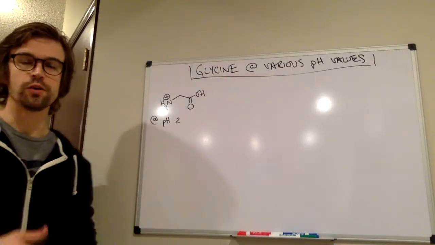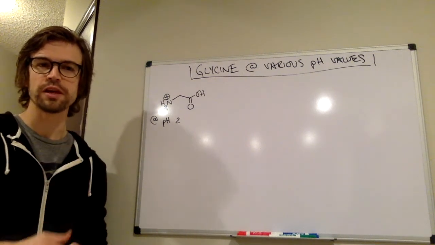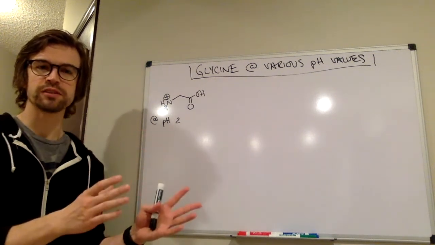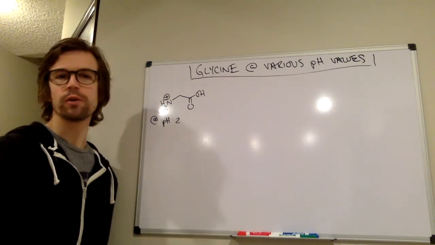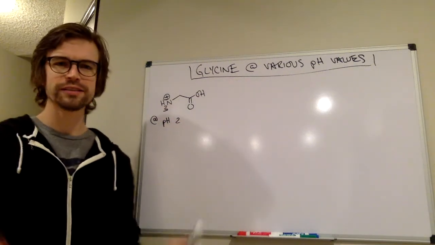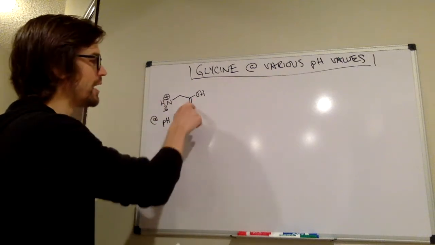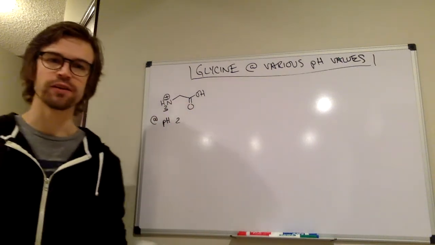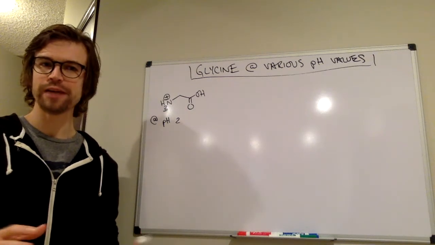All right, so we just talked about the Henderson-Hasselbalch equation. When pH equals pKa, we are 50% protonated, 50% deprotonated. So what does that look like with an amino acid like glycine? And again, what are amino acids? They have an amine functional group, amino, and then acid, they have a carboxylic acid functional group. So that's why they're called amino acids. What's the relevance of amino acids?